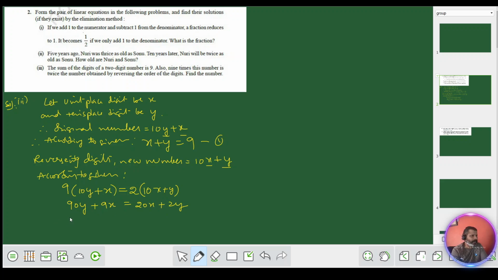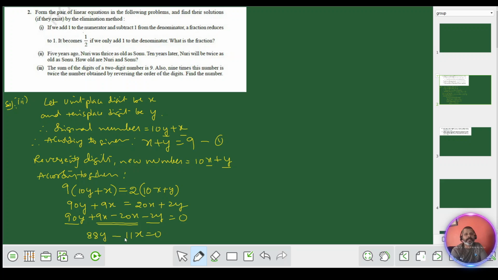Let's take everything to one side. 90y plus 9x minus 20x minus 2y equal to 0. Then we simplify the like terms. 90y minus 2y is 88y. 9x minus 20x means subtract and keep the bigger number's sign, that is 20 minus 9 is 11, so minus 11x equal to 0.